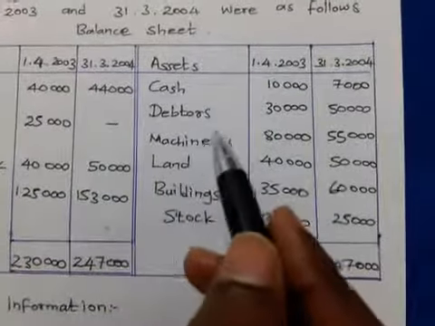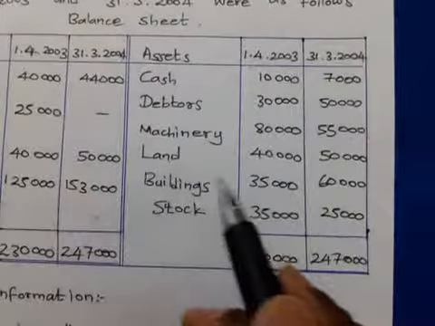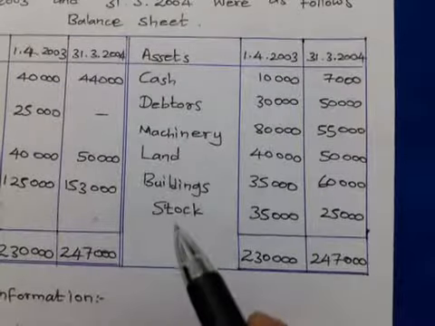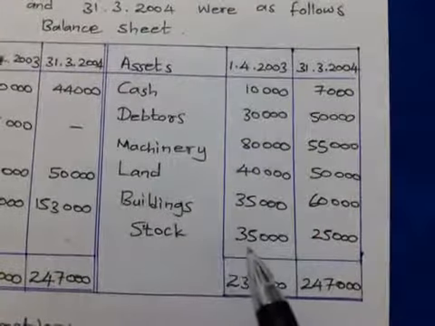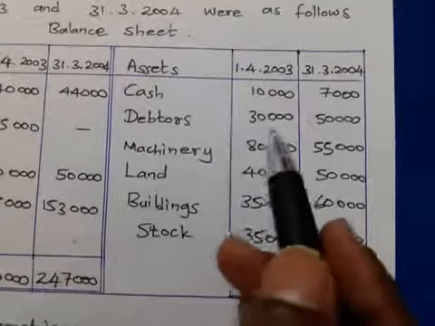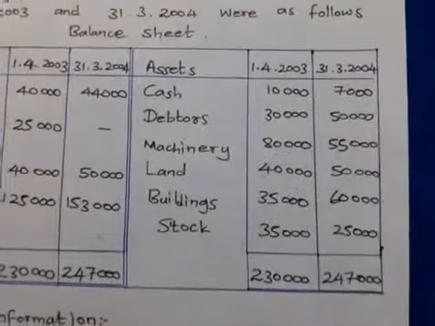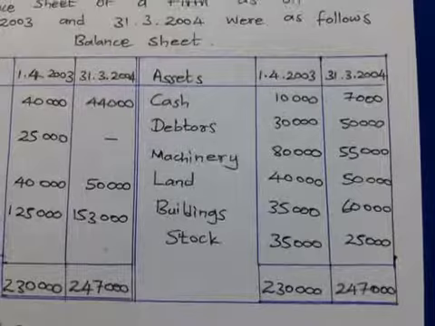One is debtors, machinery is a fixed asset, and land and buildings are fixed assets, and stock and debtors are current assets. So these two items we have to include. First is debtors increased. When a current asset increases, cash outflow happens.